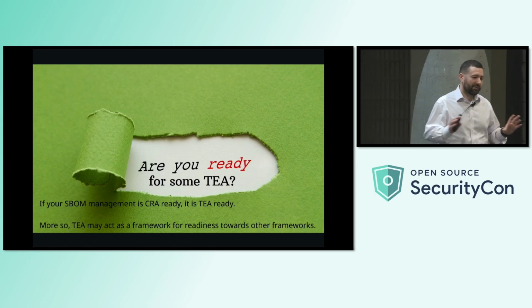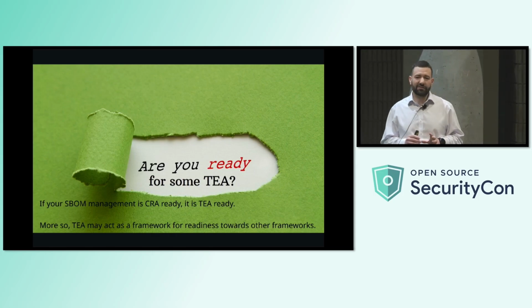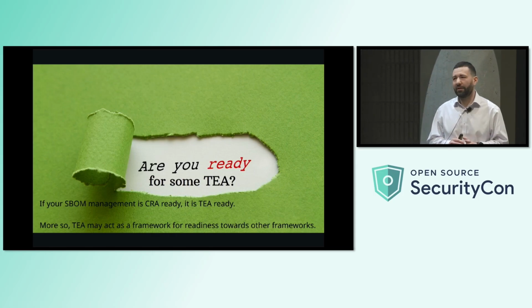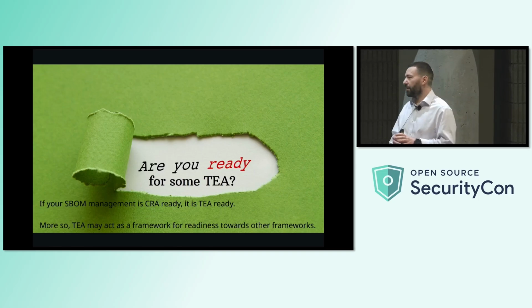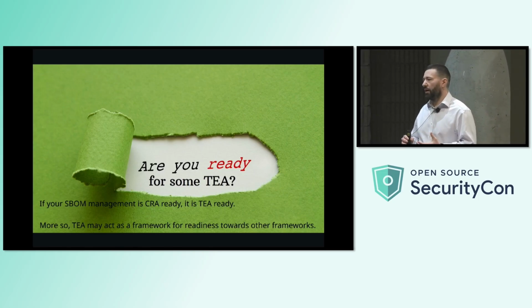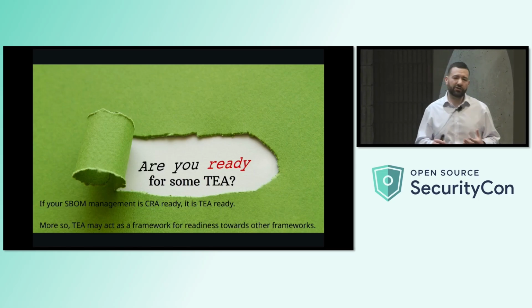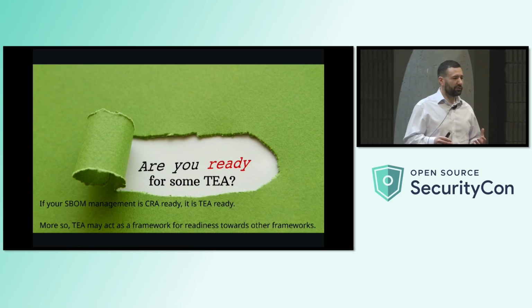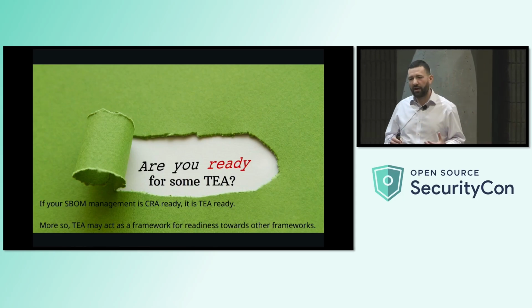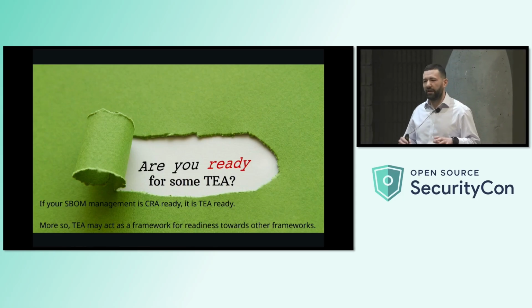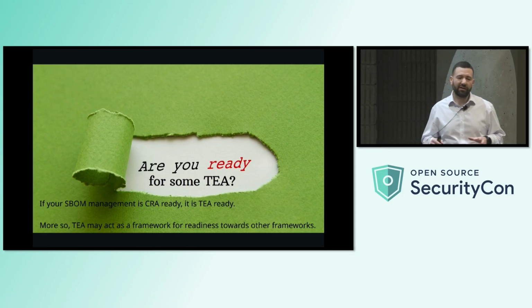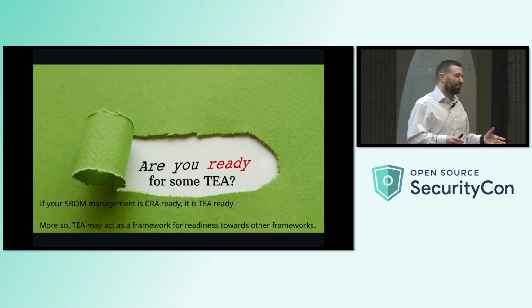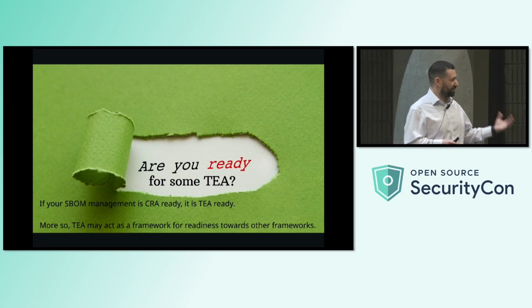So combining all those things that I said before together, there are things that manufacturers need to do to be compliant with emerging regulations. And my point is, if they do all those things, then they are actually ready to implement something like the Transparency Exchange API.